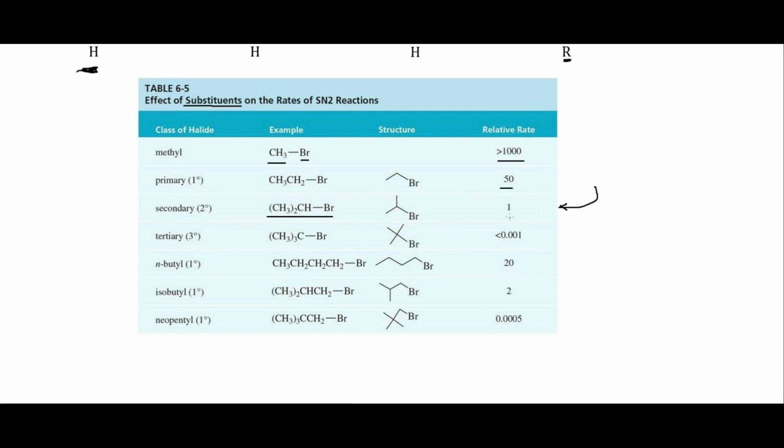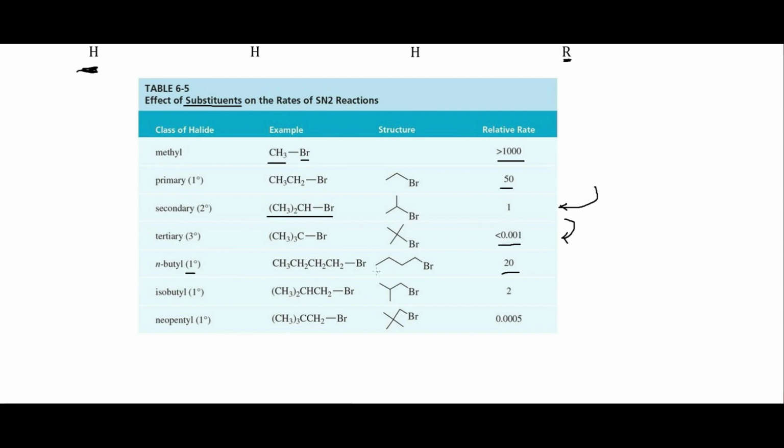Where we see if we go down to a tertiary here, it's going to be 1,000 times slower. And so then if we go to this N-butyl here, it's actually going to be 20 times faster, but that's because it's on this primary here.